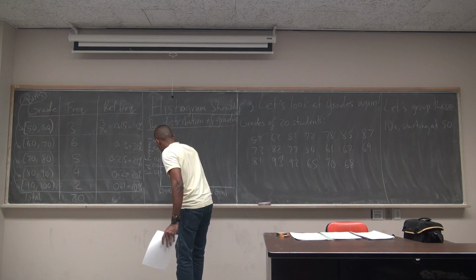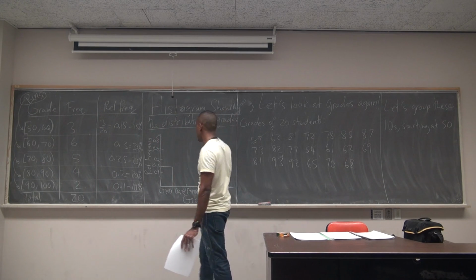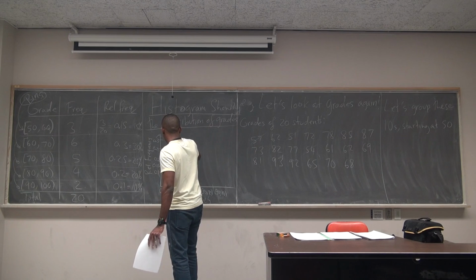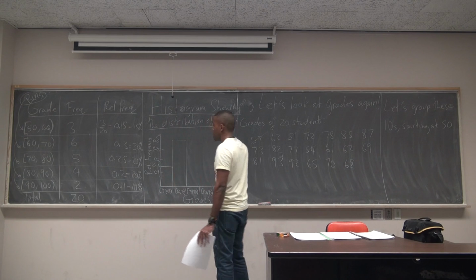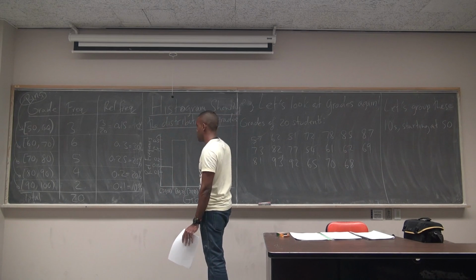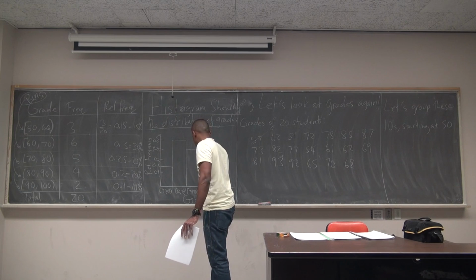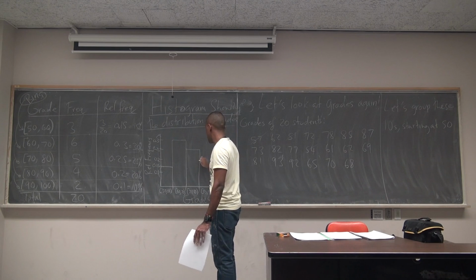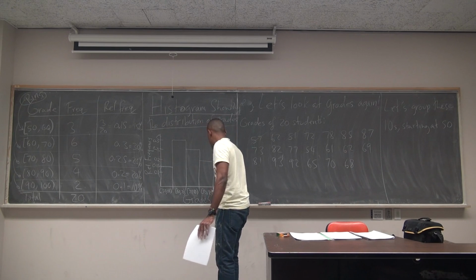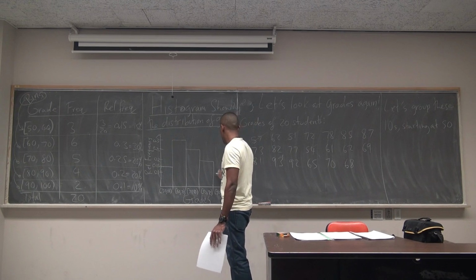So that's that bar. In the 60 to 70, we have 6, which goes up to 30%. In the 70 to 80, we have 5, which is 25%. So here. In the 80 to 90, we have 20%. In the 90 to 100, we have 10%.